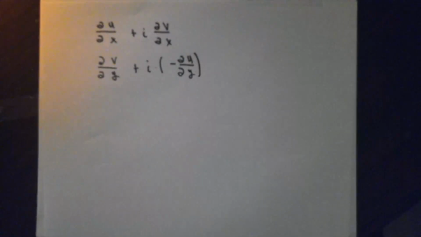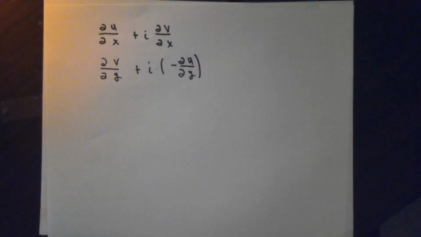For brevity, I'm going to omit the evaluated at a, b here. The first formula is what the derivative must equal. The second formula is also what the derivative has to equal. Those two things have to be equal to each other. Each is a complex number having a real and imaginary part.